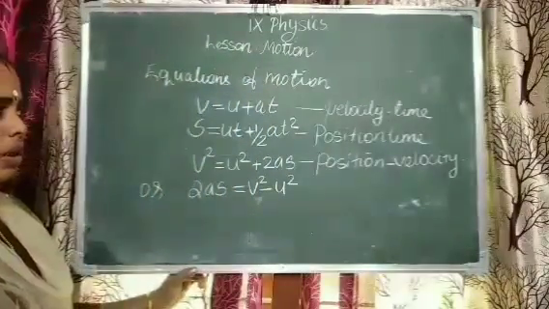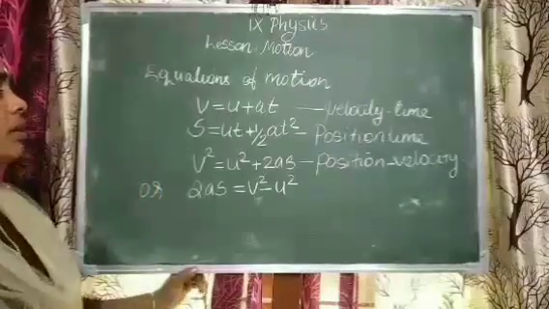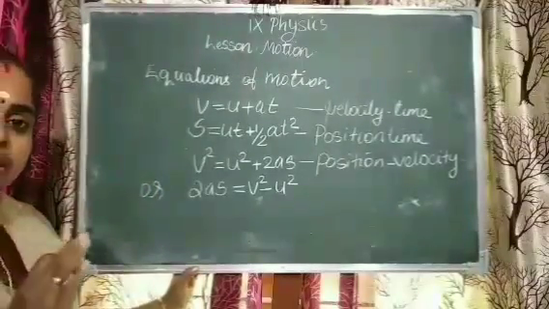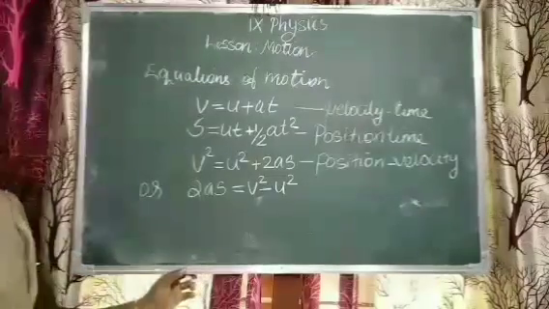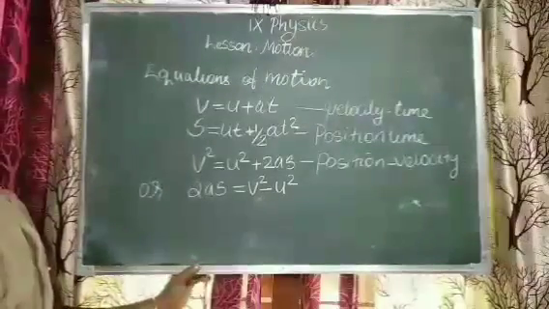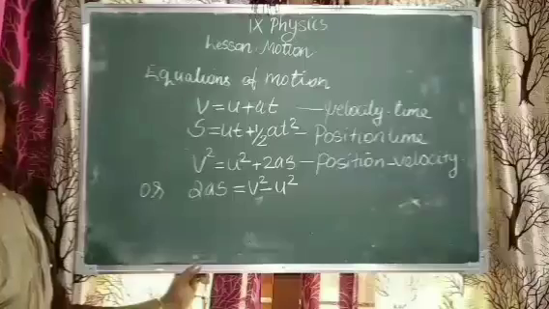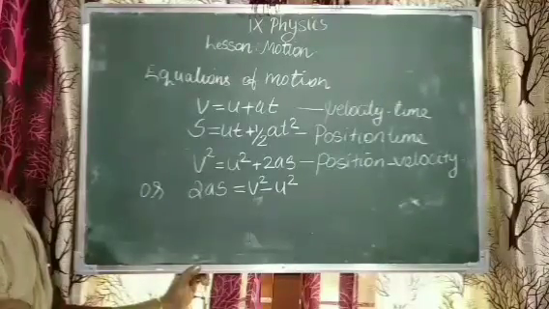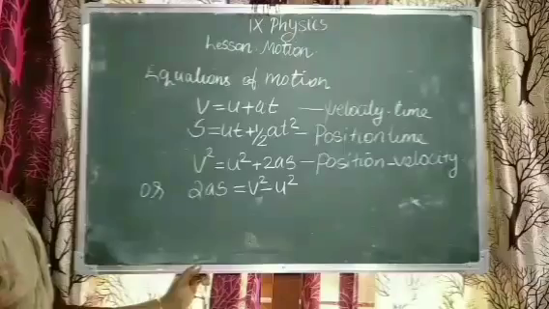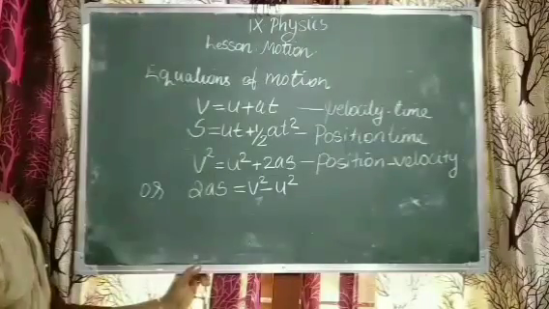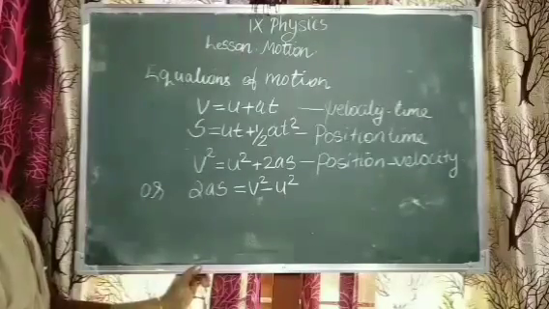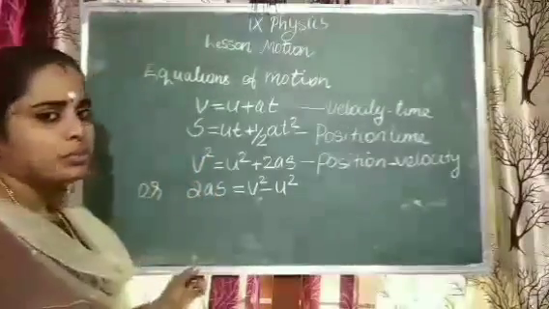Okay. So today we discussed equations of motion. If an object moves along a straight line with a uniform acceleration, then its velocity, acceleration, and the distance travelled during a particular time interval can be connected by using a set of equations known as equations of motion.